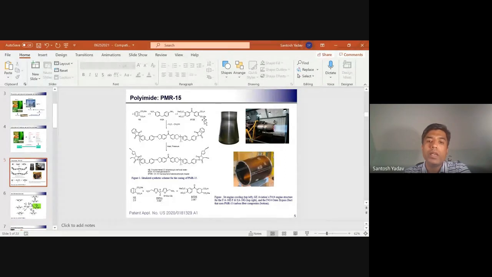So now the Department of Defense is looking for some alternative for this material. We got a project to develop a material which can replace this MDA and have the same kind of performance that we have with this MDA.